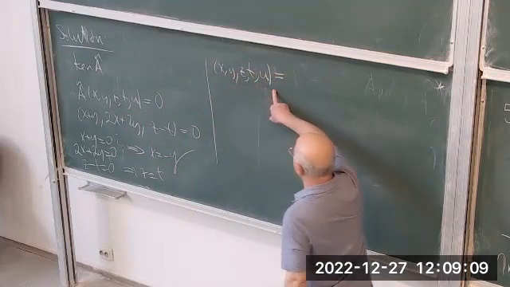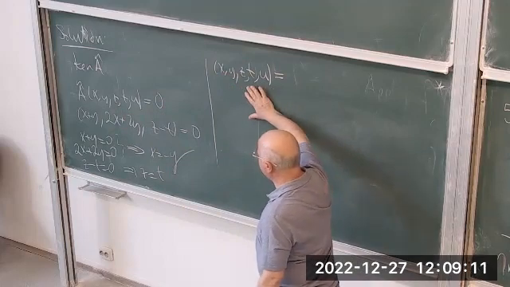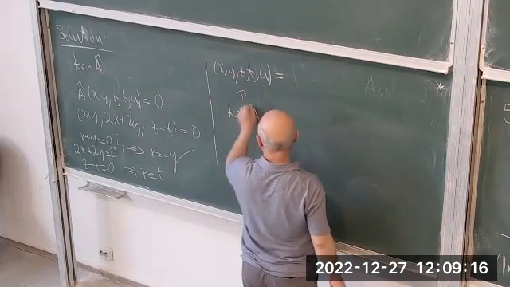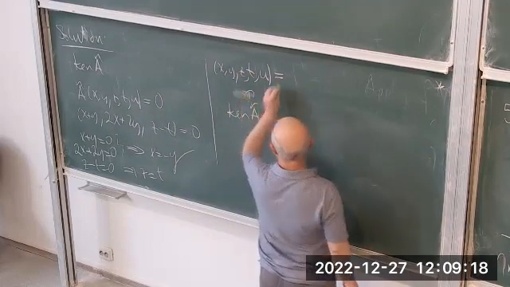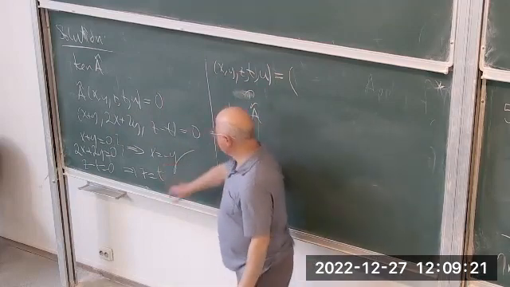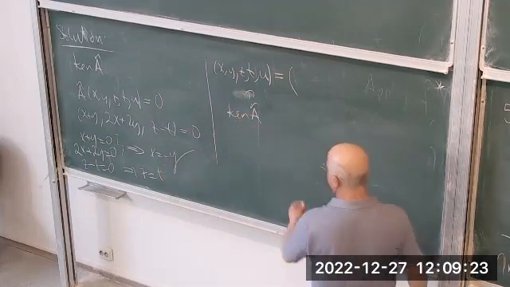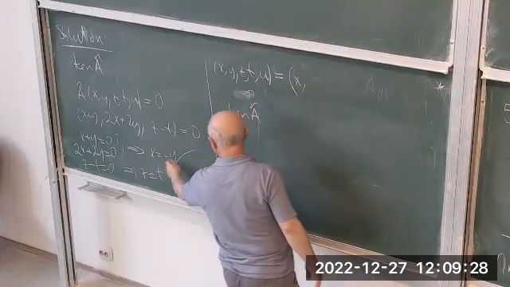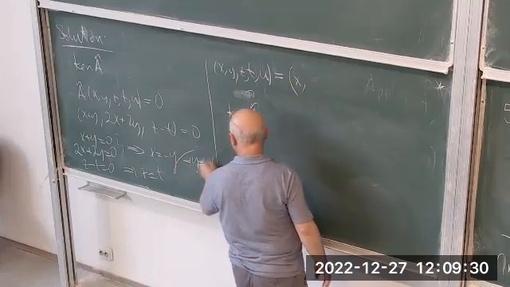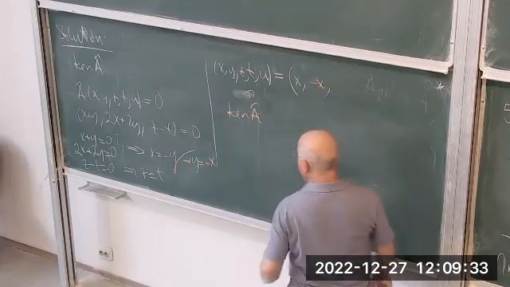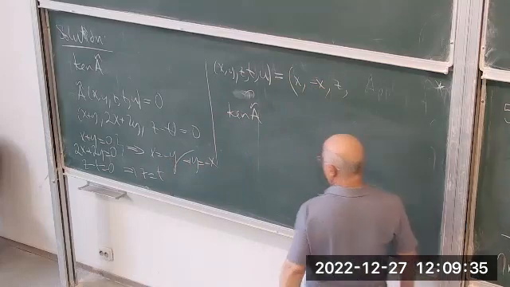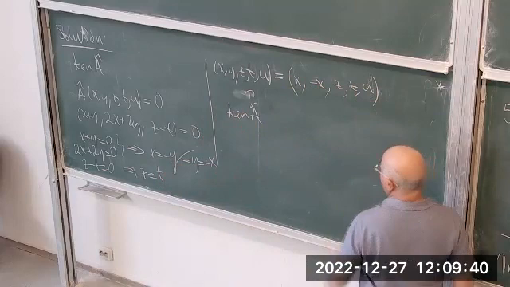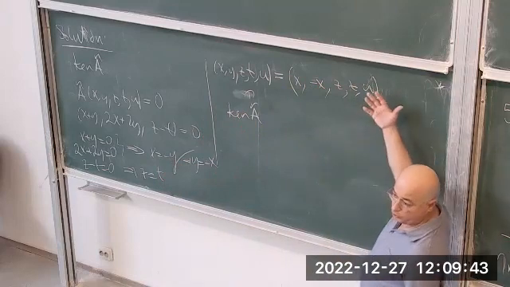X, Y, Z, T, U. If this is in the kernel of A, then we know that X equals minus Y or Y equals minus X. You can use either of them. So X, and then instead of Y, I can write minus X, and then I have Z, and then T is just Z, and then I have U, right? There is no condition on U.